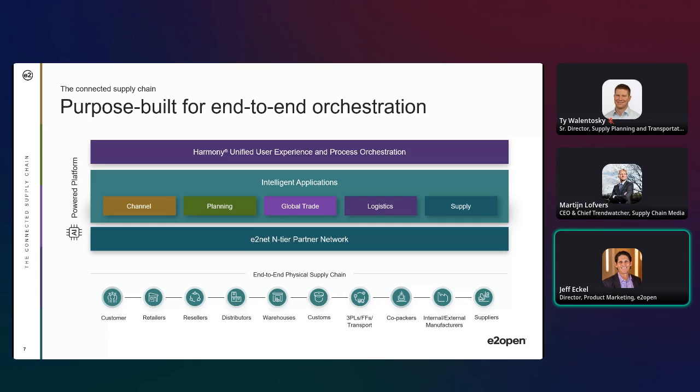So it's really bringing together the visibility and the collaboration across all of the tiers for more informed end-to-end decisions and process orchestration across the whole ecosystem. So as we get into the topic of shadow planning today, it should become pretty obvious that data sharing and collaboration are really the keys to reaching this goal of automated supply shadow planning simulations.